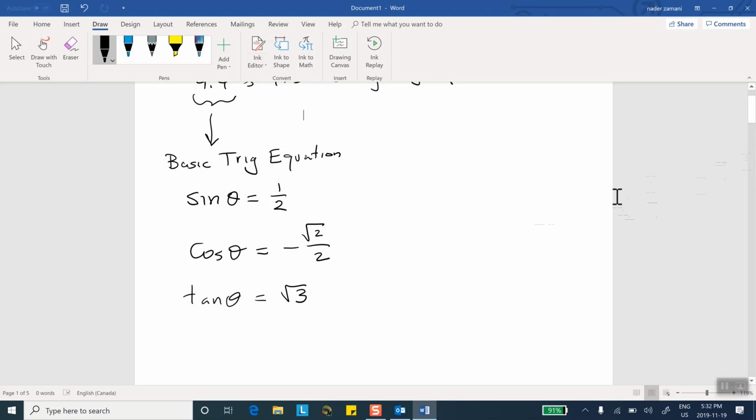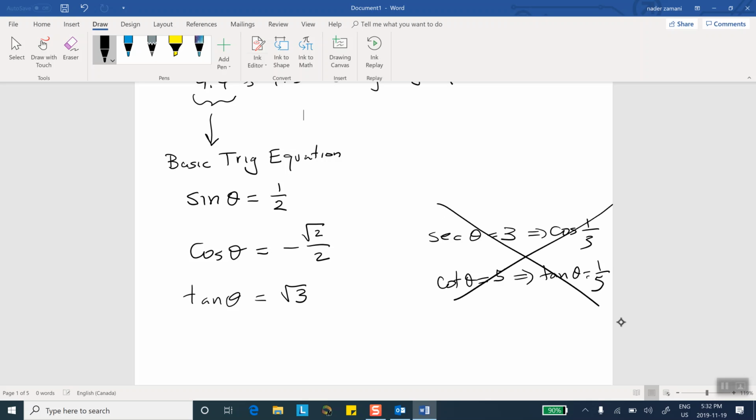Okay, you might say, well, wait a minute. What happened to secant and cosecant and cotangent? Now remember, if cotangent is given, let's hypothetically say 5, then tangent is 1 over 5. Or if secant is given, say 3, then cosine is 1 over 3.